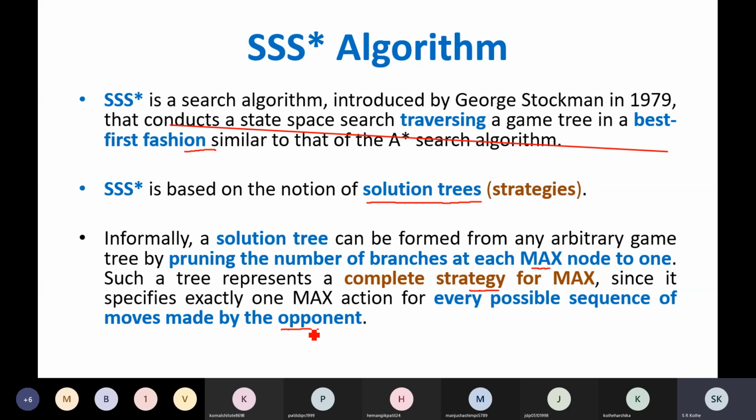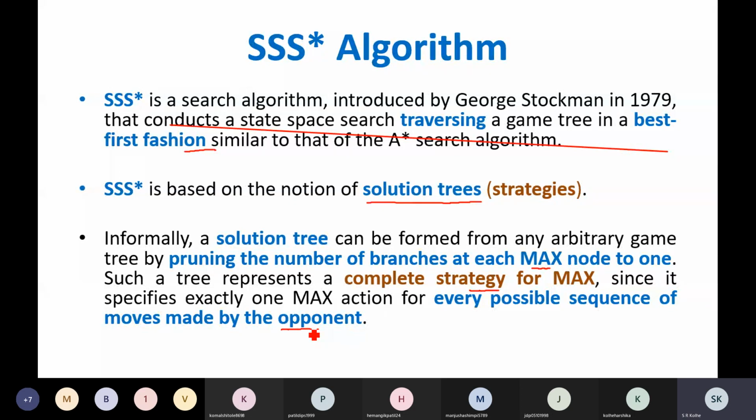So if max makes a move, then min will make the best move from min's point of view, and max will have a corresponding move as an answer to min's move.